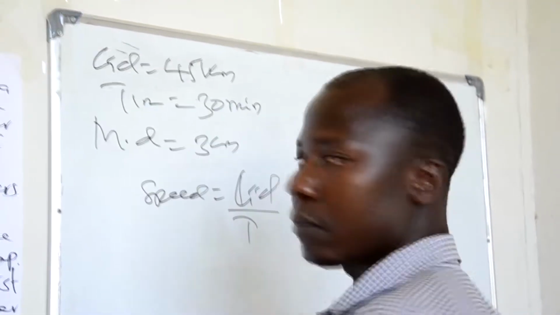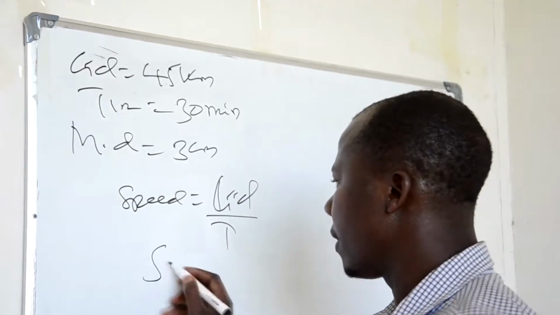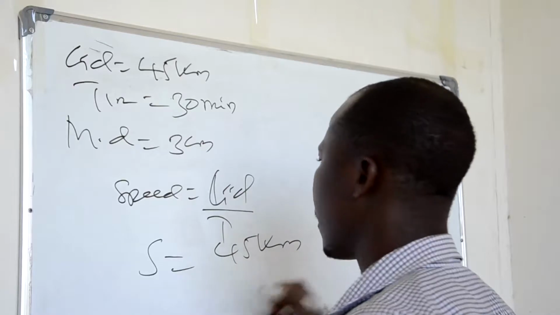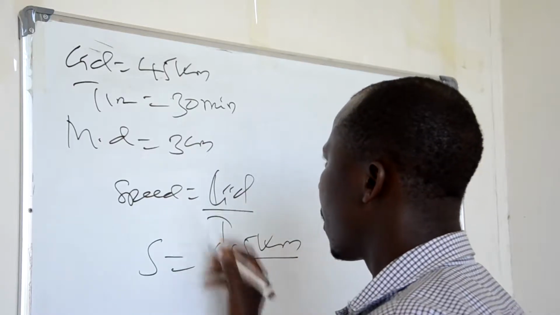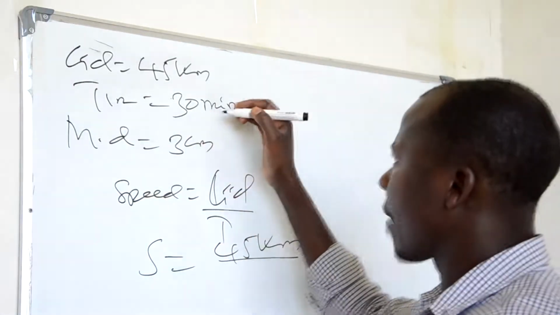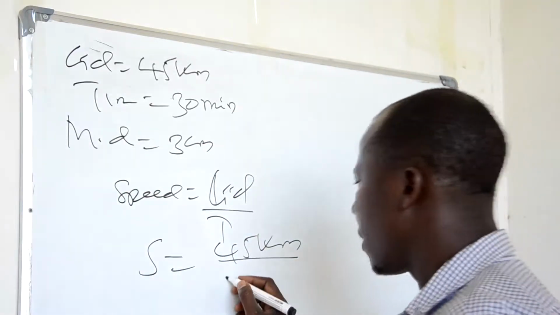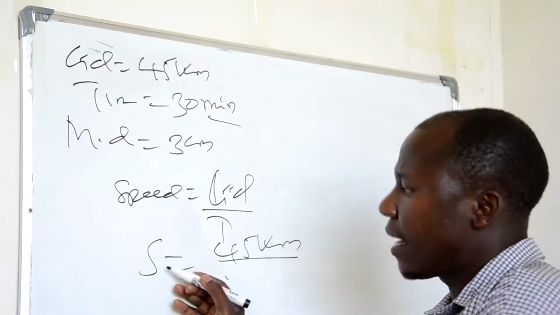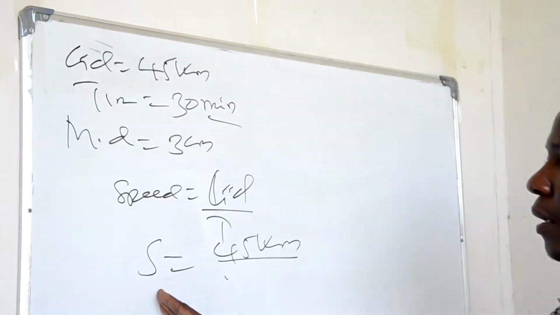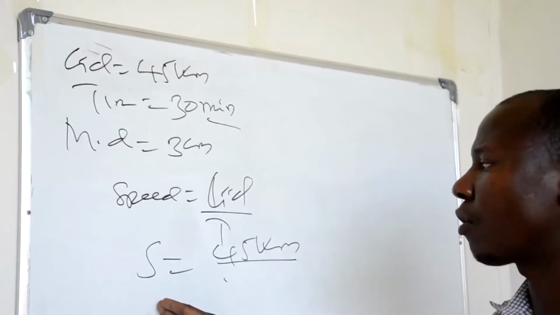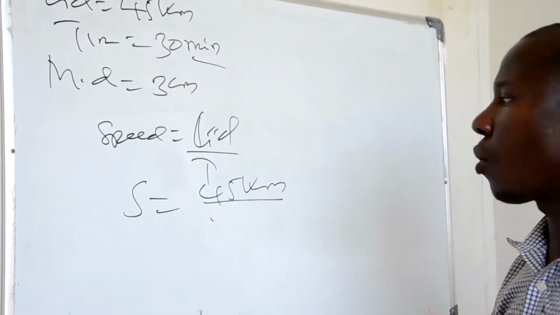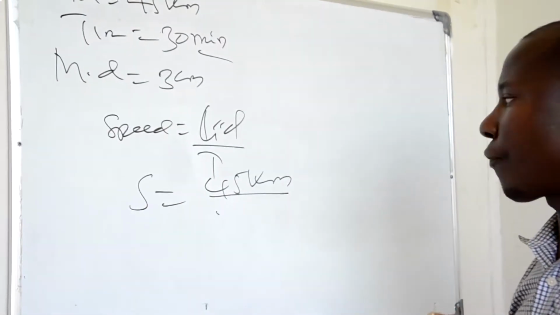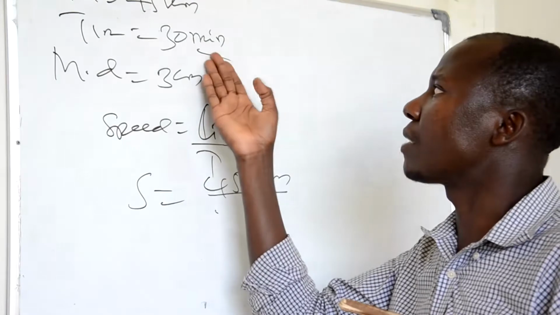Speed is equal to ground distance, 45 km, over time, 30 minutes. Because it is in minutes, and to obtain speed in terms of kilometers per hour, you have to change this 30 minutes into hours.